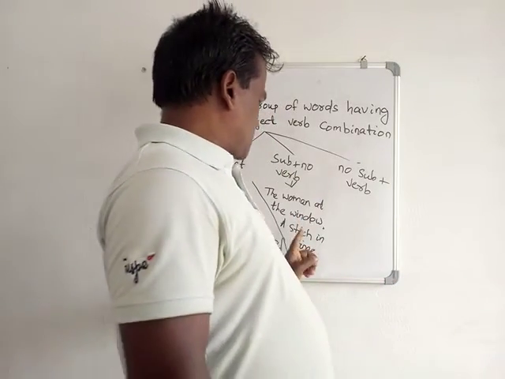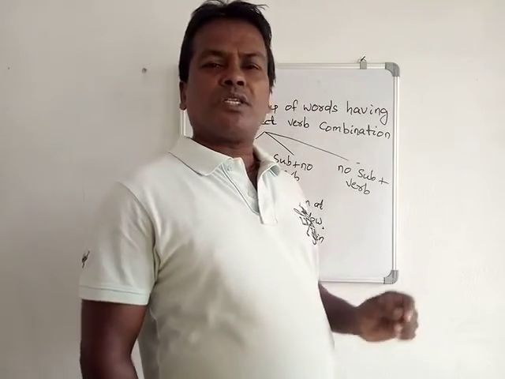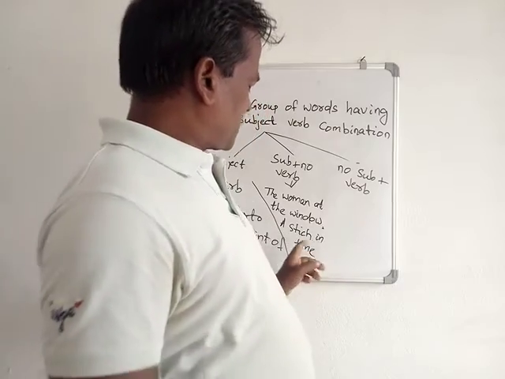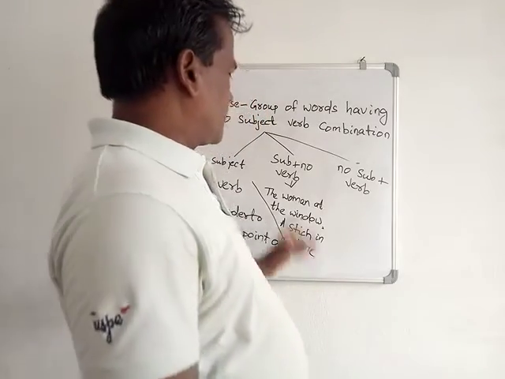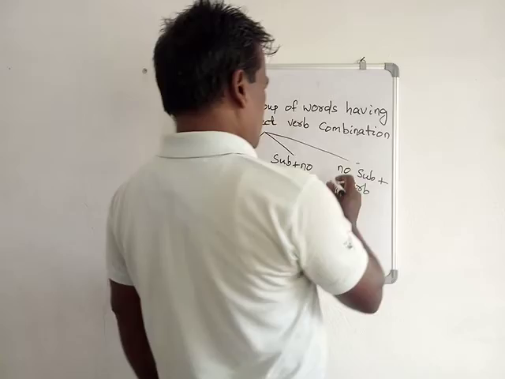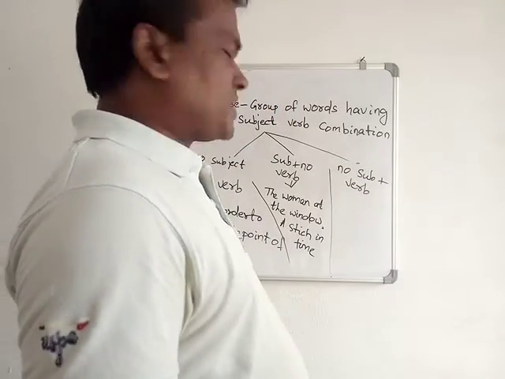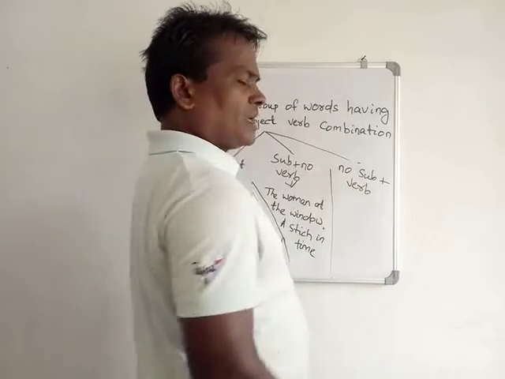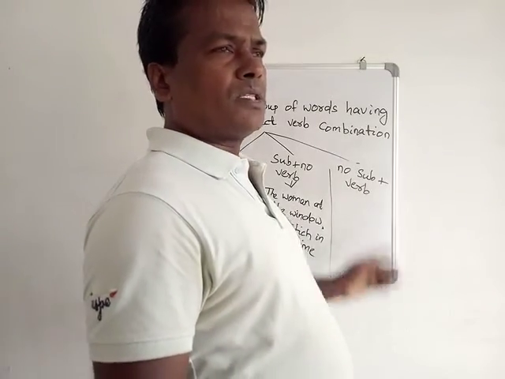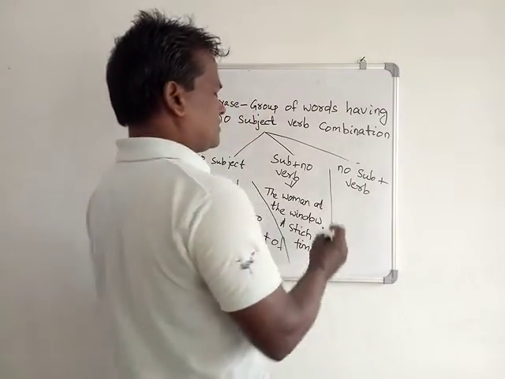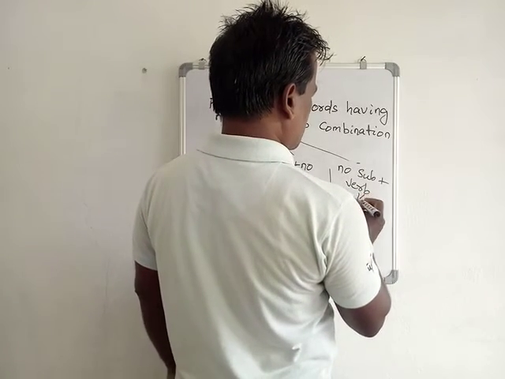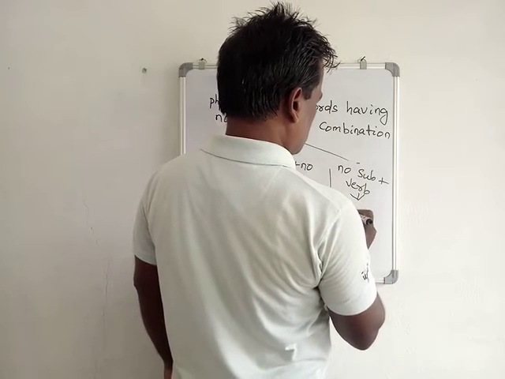In a stitch in time, a stitch is the subject and there is no verb. Then comes the third one, no subject plus verb, that means there is no subject but there is a verb. Its example is "should work."